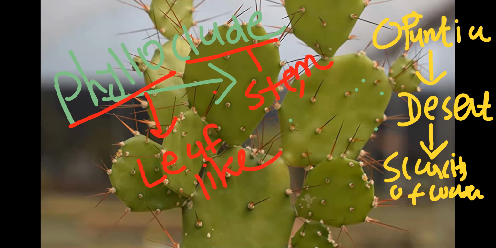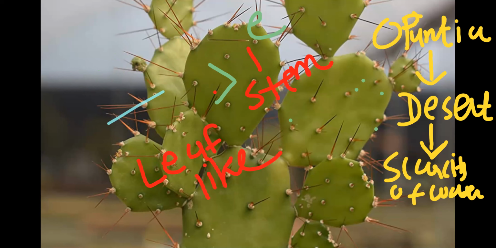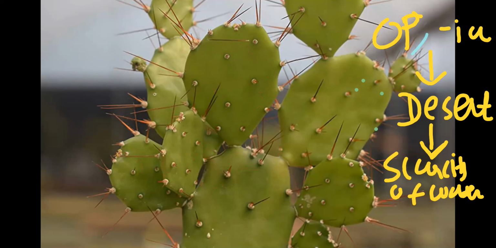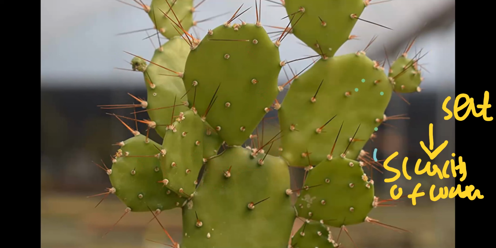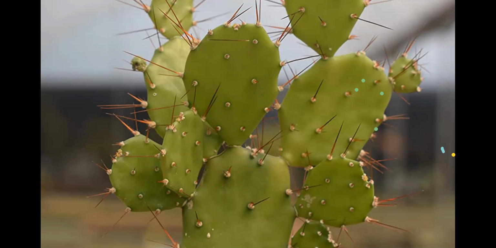So now stem behaves like a leaf, means performs photosynthesis and prepares the food for the plant. So one of the examples of phylloclade, that is which one? Opuntia. Second example, Euphorbia.